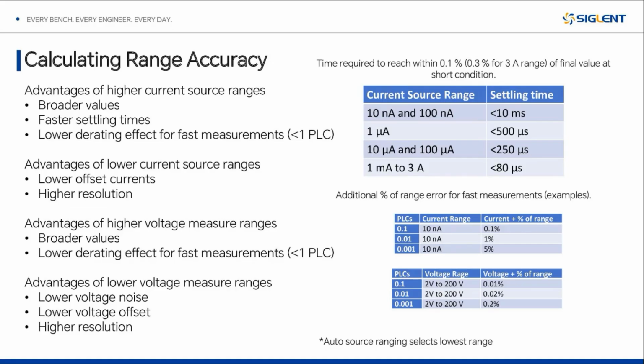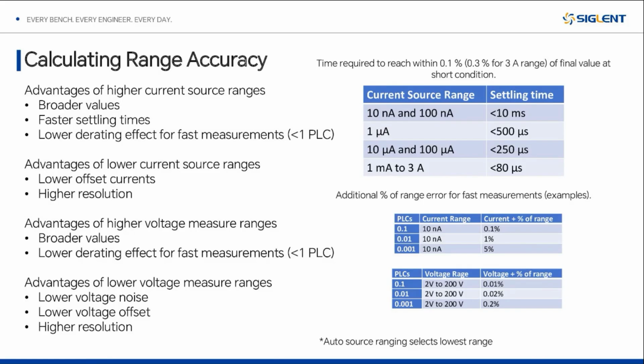Now, the advantages of a tight range, a lower source range, include, for current especially, lower offset currents. Each range has its own offset current value, and of course you get higher resolution, so you can set smaller ramp sizes, smaller deviations as you make those changes. On the voltage side, it's fairly similar, except you've got an additional factor of voltage noise that's really inherent to the system.